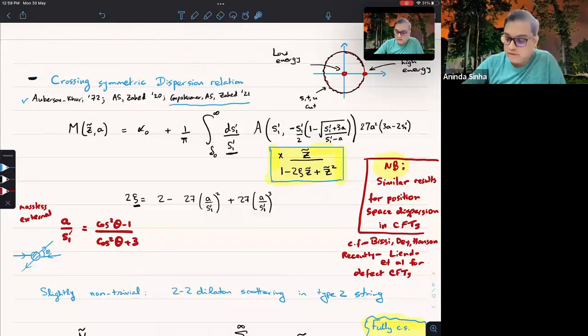Yeah, I agree with that. Except that in the fixed T dispersion relation, we don't try to interpret it in terms of integrating over some known theories. We don't talk in that language because it's not obvious how to talk in that language. Okay.